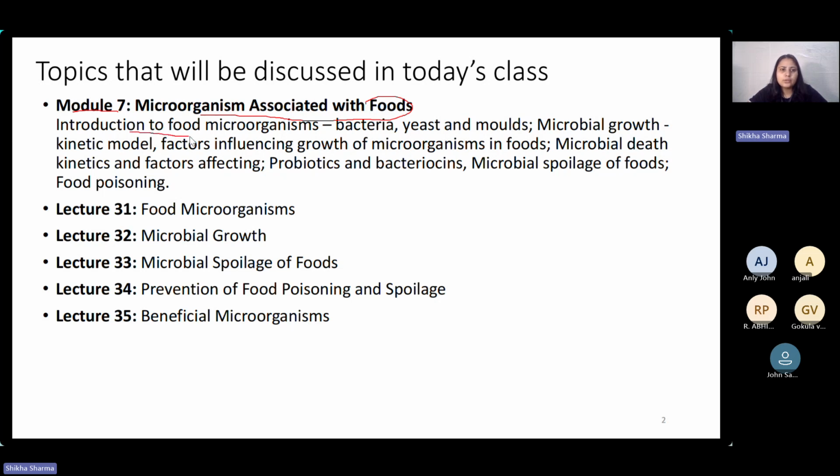It includes an introduction to organisms, basically bacteria, yeast, and molds, then microbial growth kinetic models, factors influencing the growth of microorganisms in food, such as water, pH, and other factors, then microbial death kinetics and the factors affecting it, and after that probiotics and bacteriocins, then microbial spoilage of foods, and last is food poisoning.